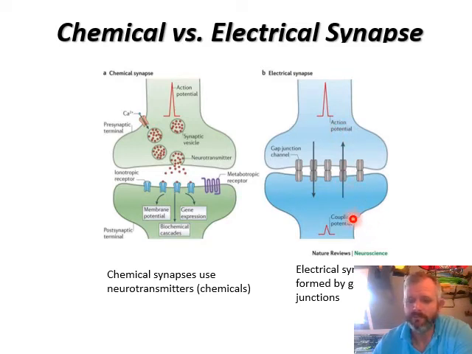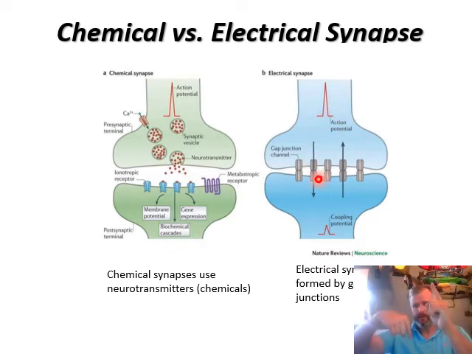So if I have, say, depolarization here, that ion movement can move on to this cell, and it can go in both directions. If I had depolarization here, it can move down into this cell. So there is an actual physical connection through those gap junctions.